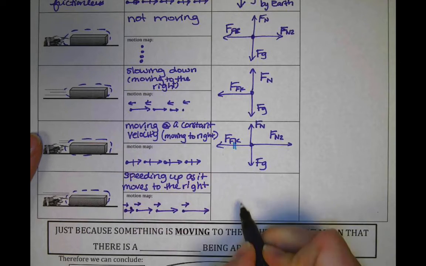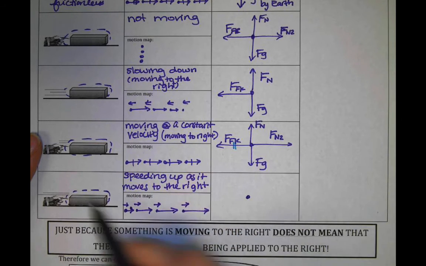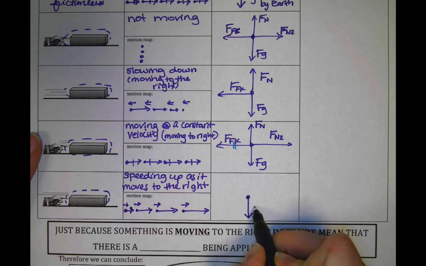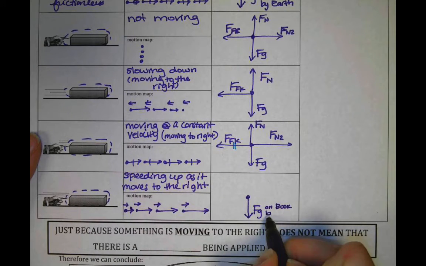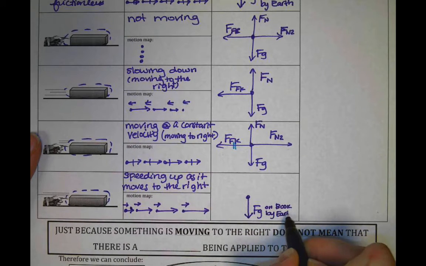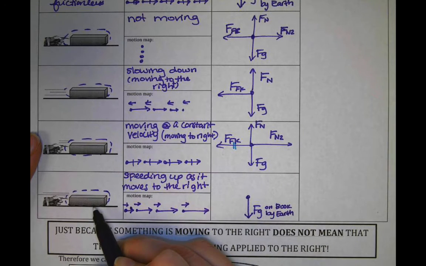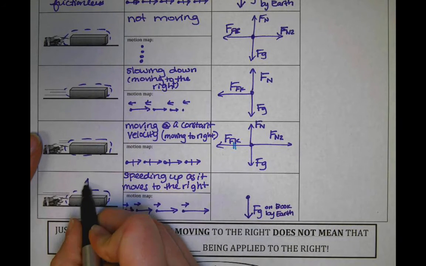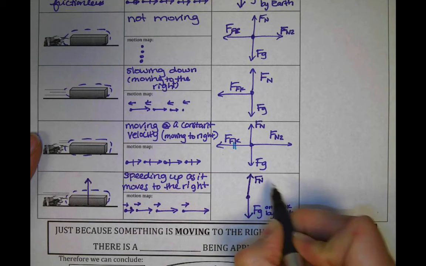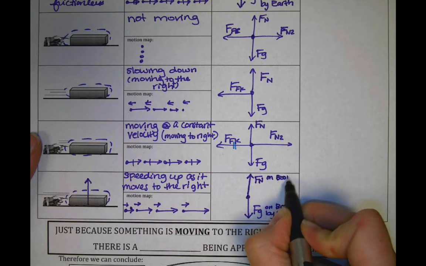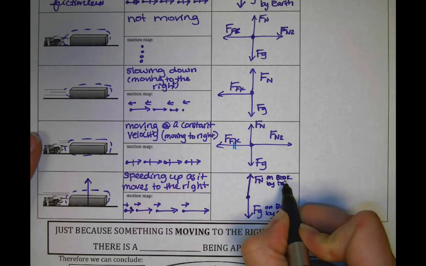This force diagram, going through my list, we have force of gravity down, on book, by earth, our normal force from the table up. Again, remember this is that perpendicular one. FN on book by table.